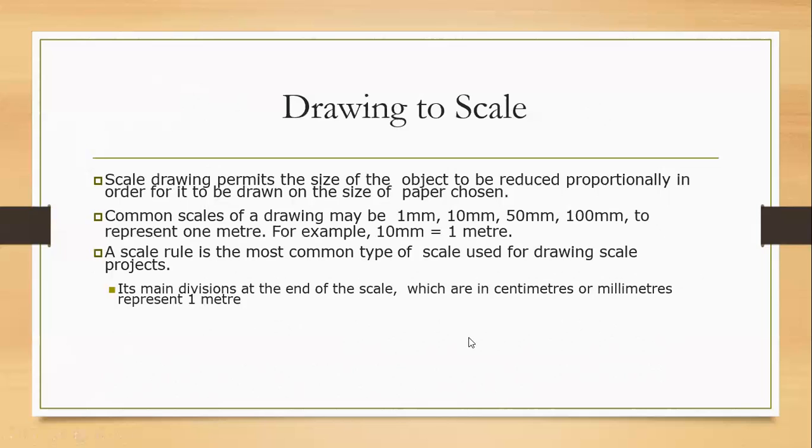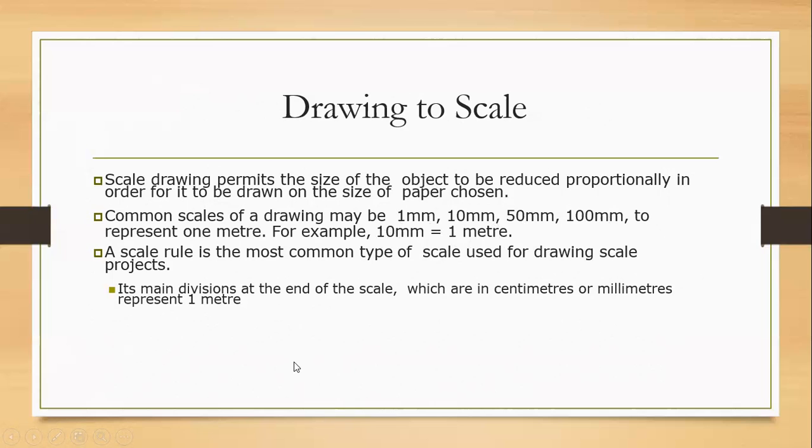For example, 10 millimeters will represent 1 meter, or in other words, 1,000 millimeters on a map. So these numbers that they represented here are the number on the left. So what this really means is 10 millimeters on your map represents 1 meter on the ground. So that's how it works, right?